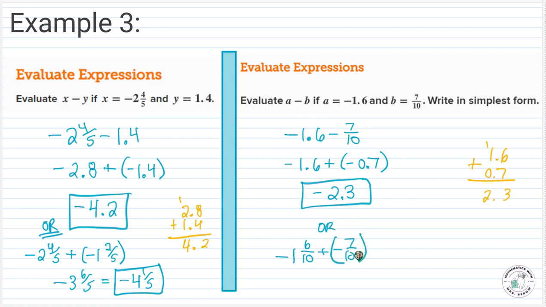So -1, and then the 6/10 plus 7/10 is going to be 13/10. And then this is going to end up being -2 and 3/10 once we rewrite that into its proper form, which again is the same exact thing as what we have from when we did it using decimals.